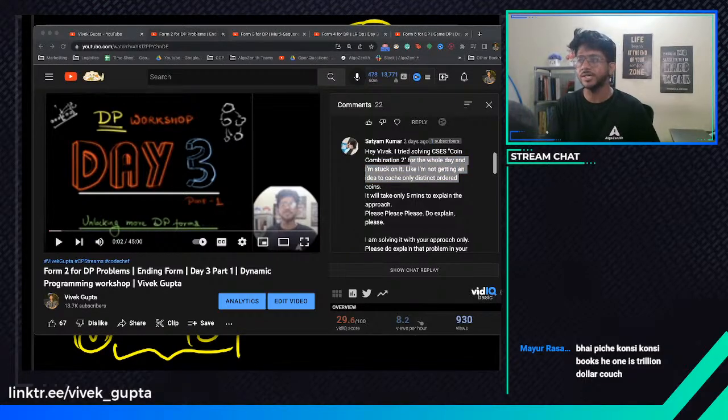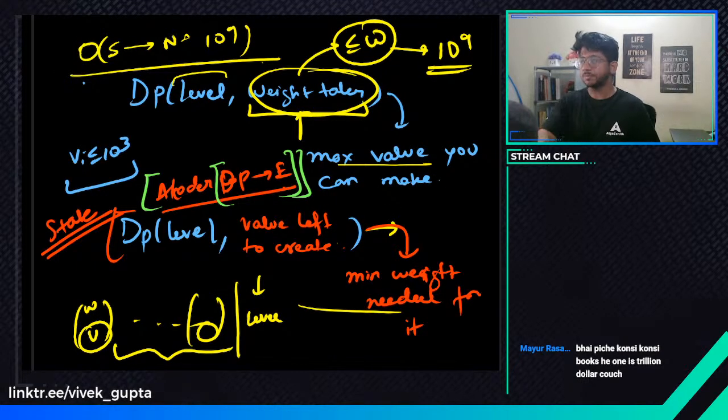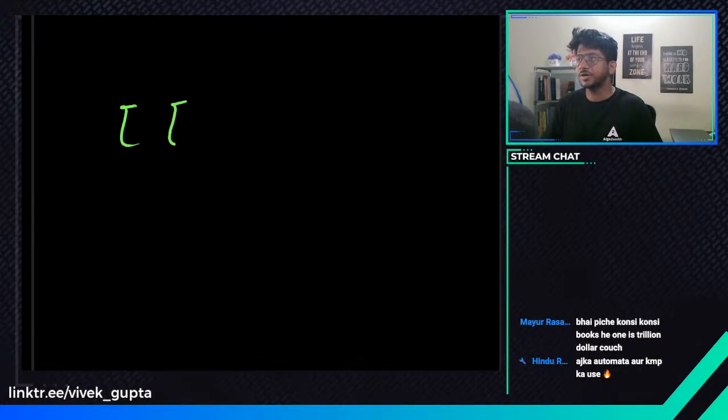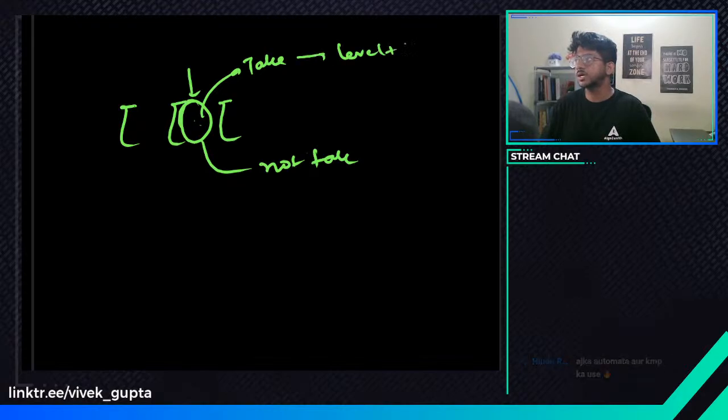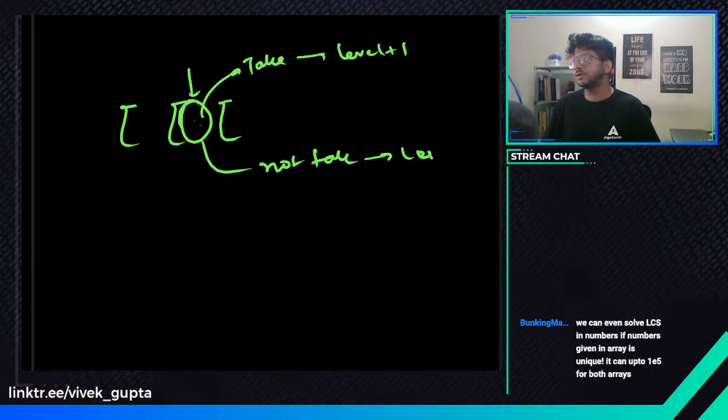But if you have infinite coins, the way we model it, let me quickly talk about that too. If you're at a level, at a certain item, you can choose to take or not take. If you have a single supply of this, if you take, you move to level +1, and if you don't take, you still move to level +1.